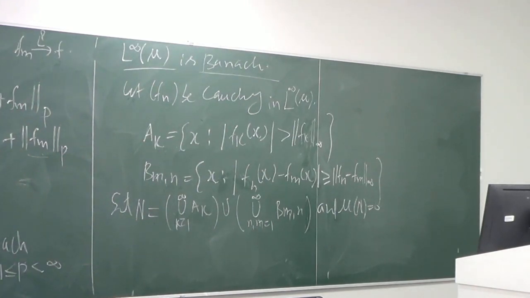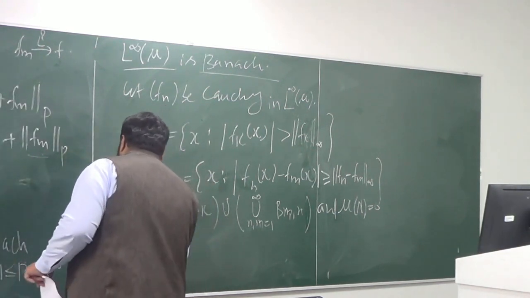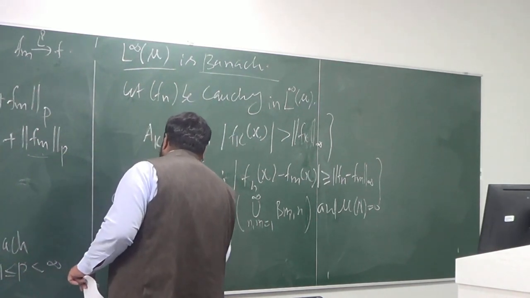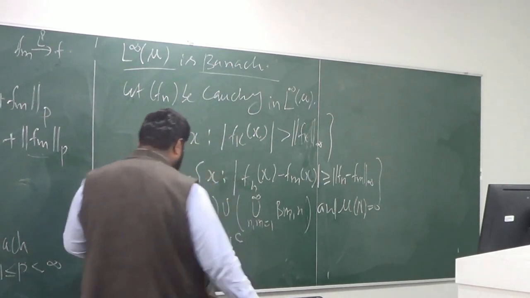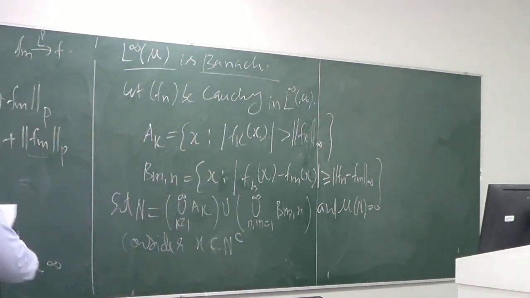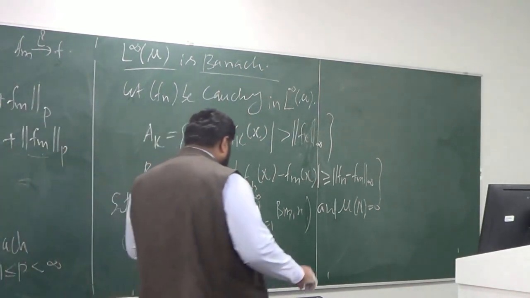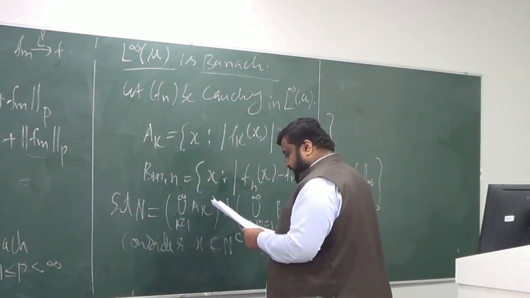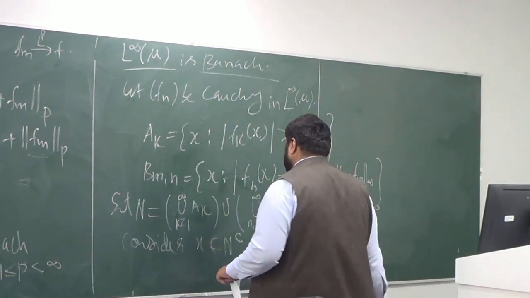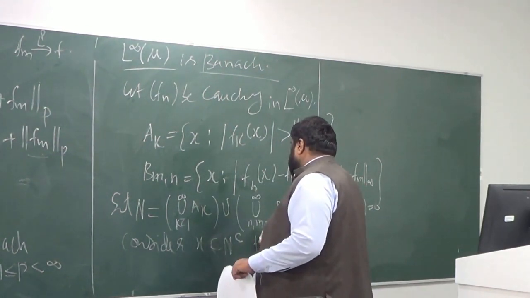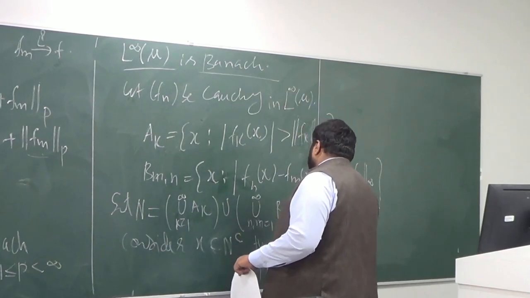So outside N, we are finite. Consider x from N complement. Then, by the way, Fn's are what?